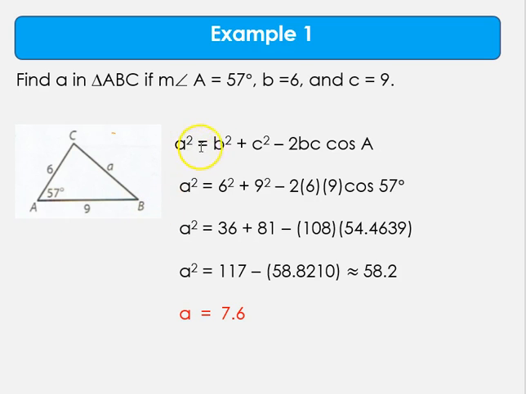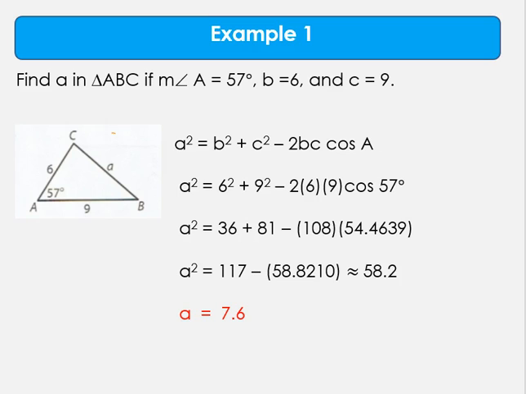And we'll have a squared equals b squared plus c squared minus 2bc cosine A. And now we substitute the values that we know about. So let me begin drawing and show you where these are.